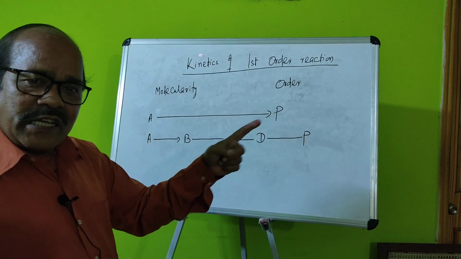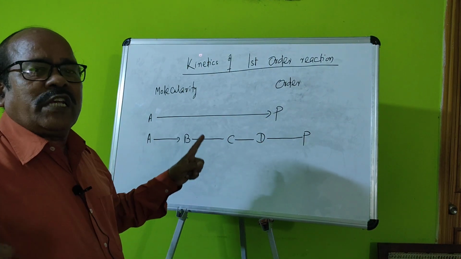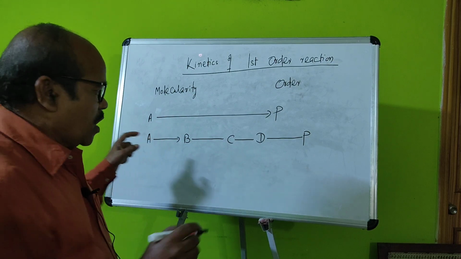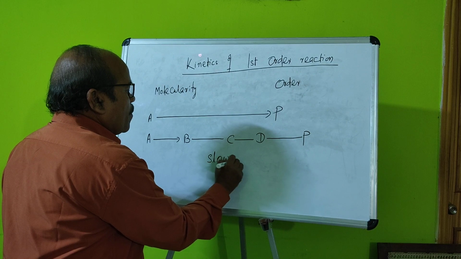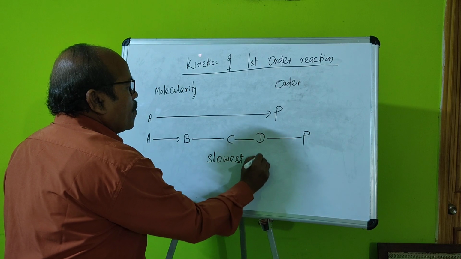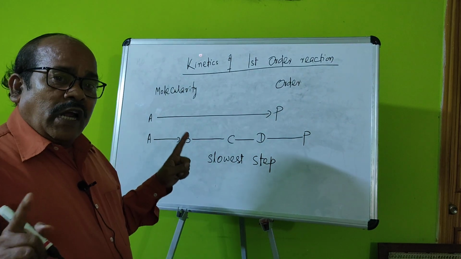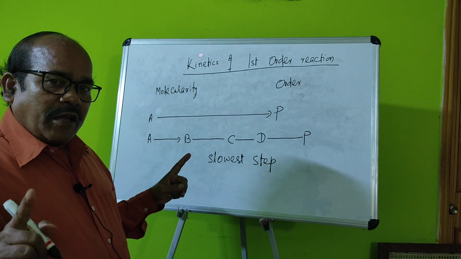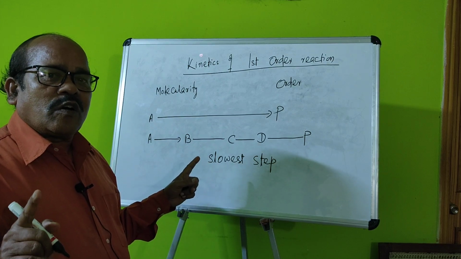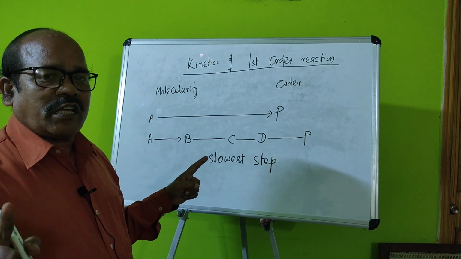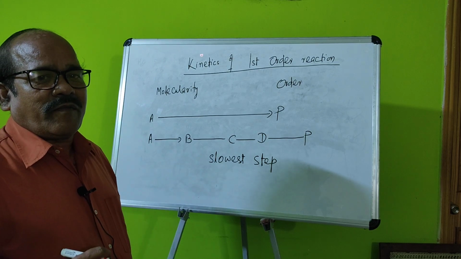Out of all these steps, we have to see which one is the slowest step. Now, the total number of molecules taking part in the slowest step, which is also called the rate determining step, will give its molecularity.